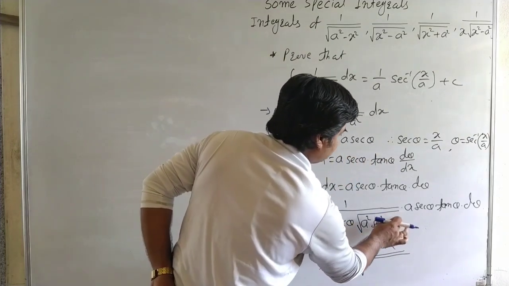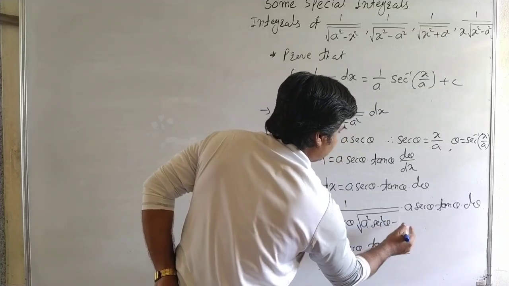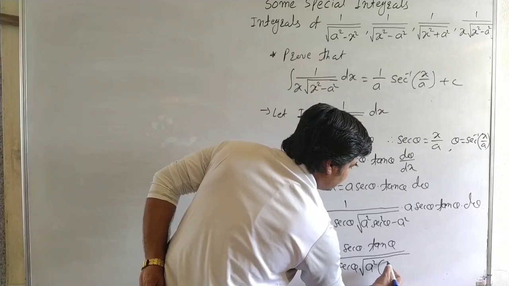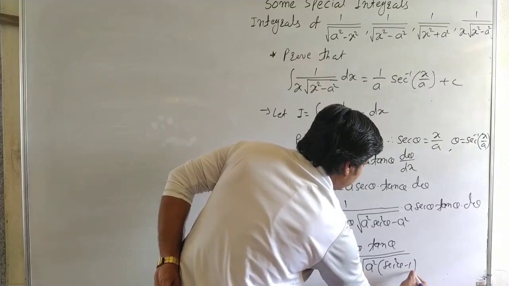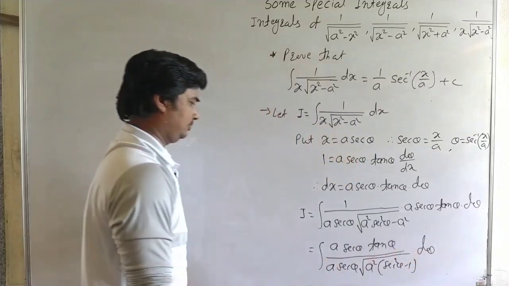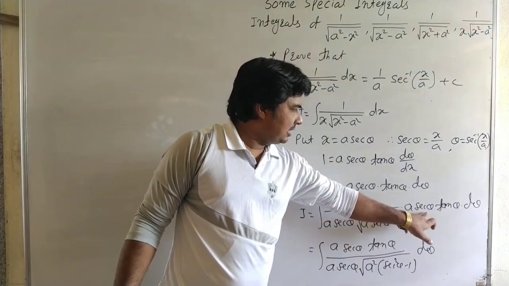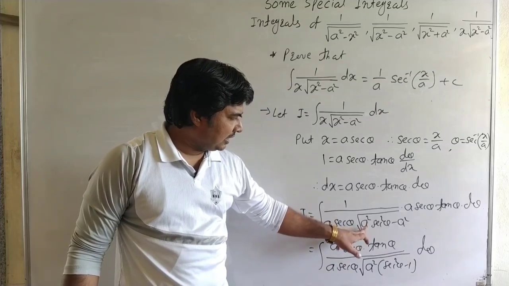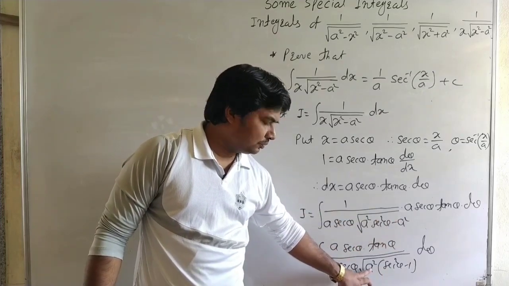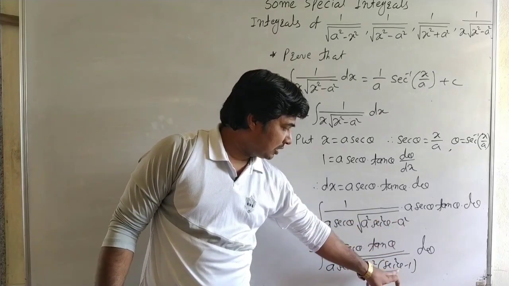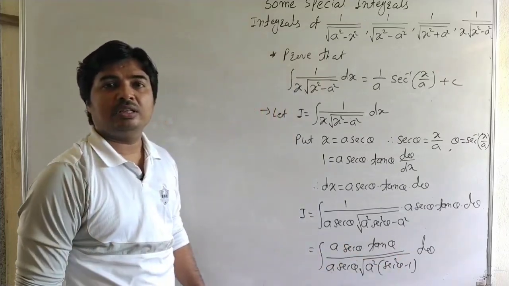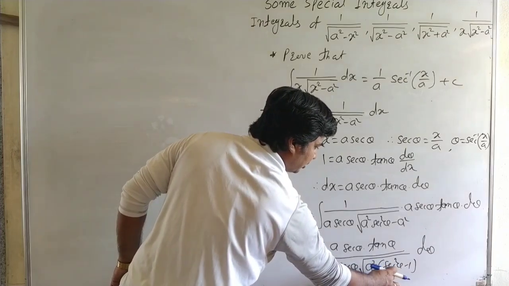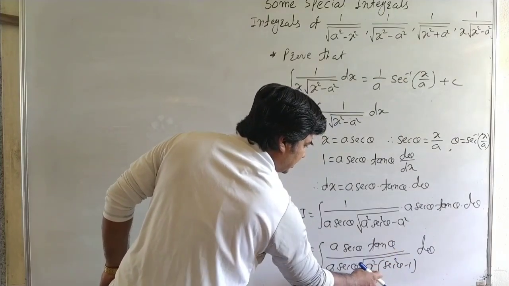Now here a sec square theta minus 1, a square gets common. See carefully this term. We get a square into sec square theta minus 1, and sec square theta minus 1 is tan square theta. Therefore a square tan square theta, and under root gives a tan theta.